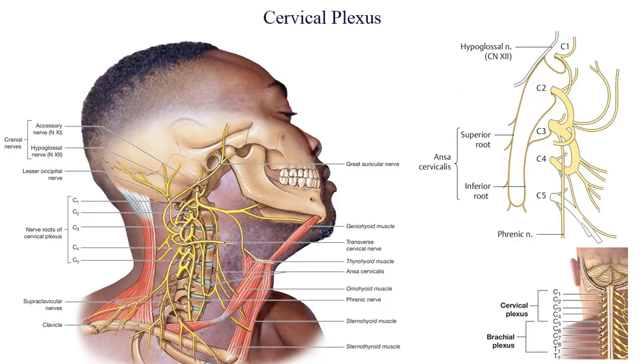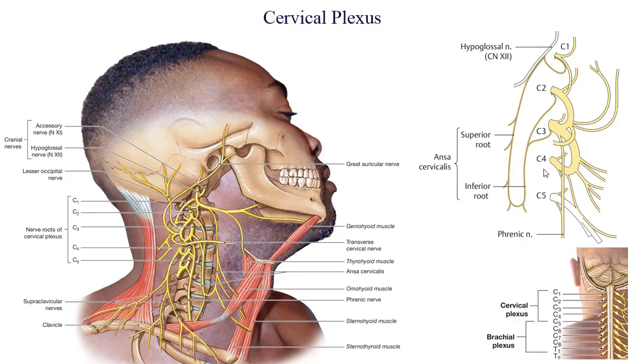The final structure that we are going to look at here is the cervical plexus and some of the nerves arising from this plexus. The cervical plexus is a cluster of nerves formed by the ventral rami of the first 4 cervical spinal nerves, C1 to C4.